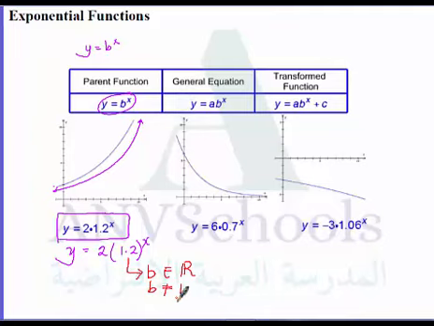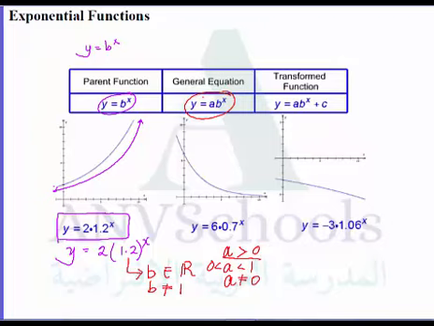Okay, so the general equation of an exponential function is in the form y is equal to a b raised to x. Again, a is in here, meaning that the sign of your a will affect the graph of our exponential function. So a can be greater than 0, or a can be in between 1 and 0, but definitely a cannot be equal to 0, which is already defined here.